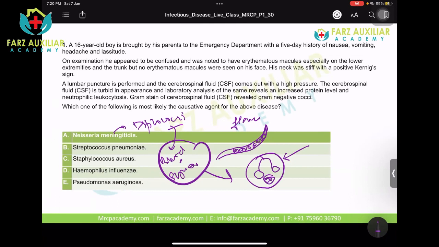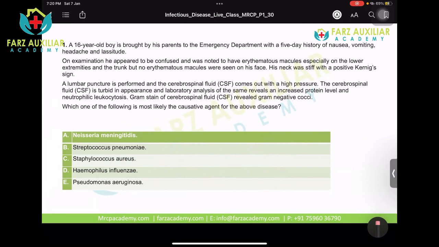Now tell me which is an inherited condition in which there are higher chances of developing Neisseria infections. Can't remember now. So all these capsulated organisms are attacked by the MAC complex, C5 to C9.